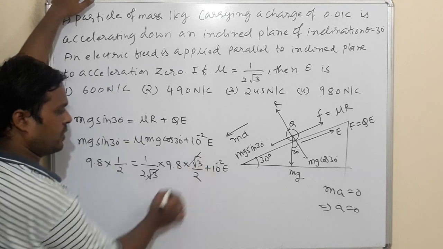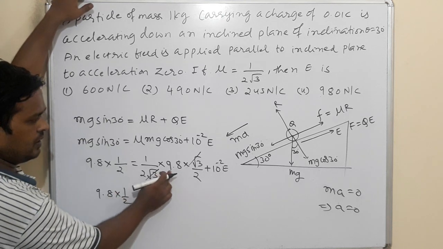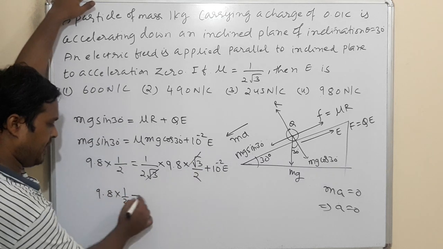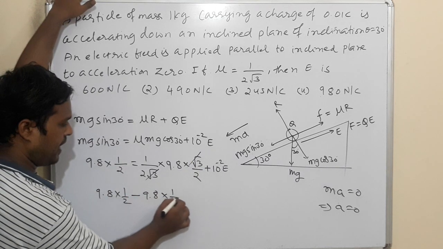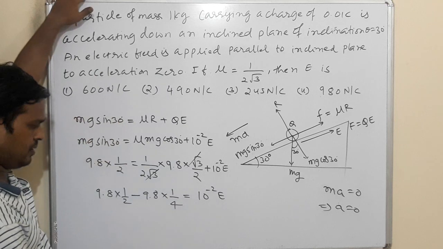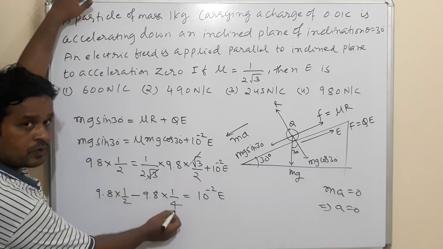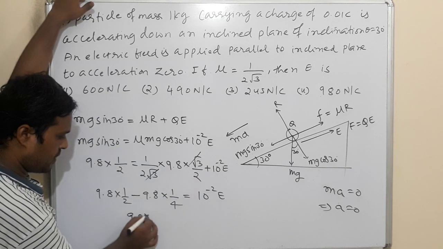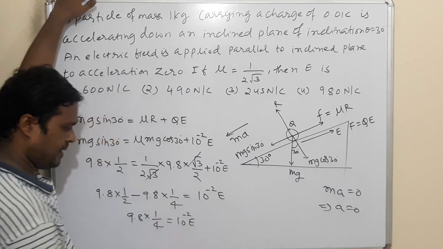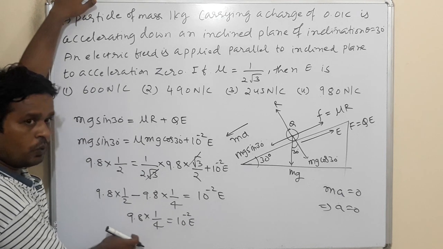Now this root 3 and root 3 get cancelled. This will be 9.8 into half. This is 9.8 into 1 by 4. 1 by 2 into 1 by 2 minus, I will take it this side, 9.8 into 1 by 4 is equal to 10 raised to minus 2 into E. 9.8 if I take common, then it will be 1 by 2 minus 1 by 4. 1 by 2 minus 1 by 4 will be 1 by 4 is equal to 10 raised to minus 2 into E. If I take this 10 raised to minus 2 this side, then it will be 10 raised to minus 2 going to the denominator.